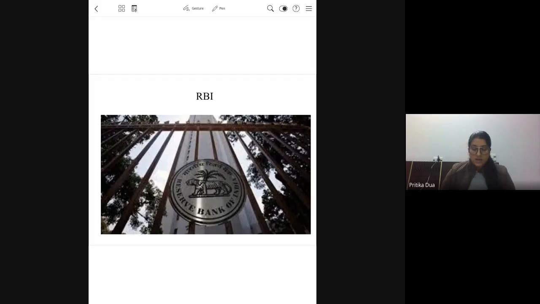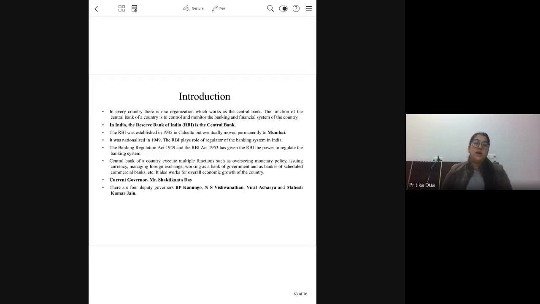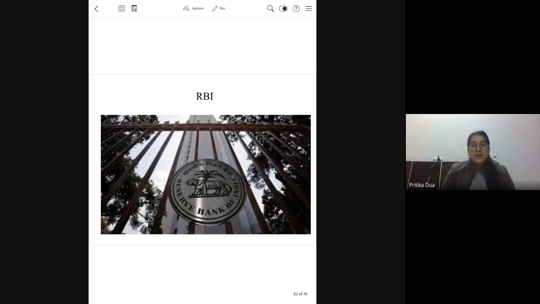We start with RBI. So RBI, all of you know, is the central bank and is currently headquartered in Mumbai. Can someone tell me where did initially RBI start? In which state or city was RBI incorporated?